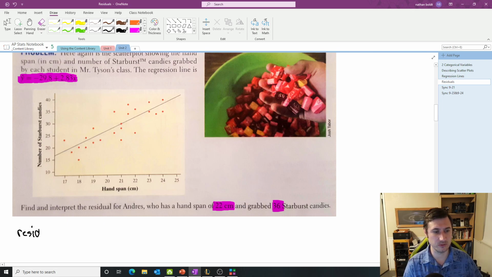Our residual here will be equal to 36 minus the predicted value for 22 centimeters.